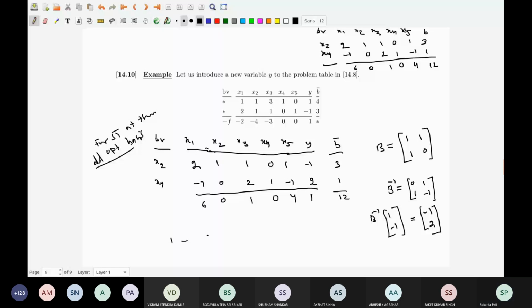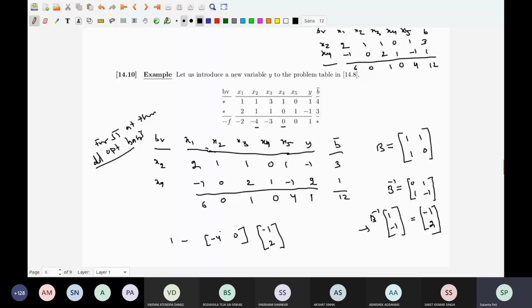This has to be multiplied by minus 1, 2. This is the CB B inverse. This difference is the next entry. So it is 1 minus 4, which gives me minus 3.